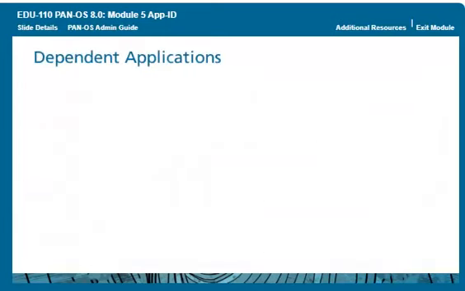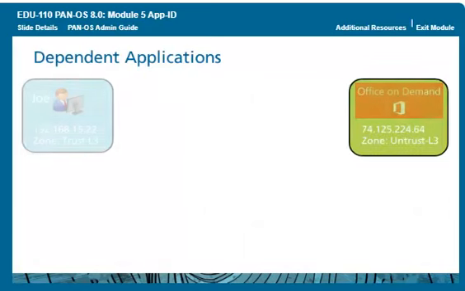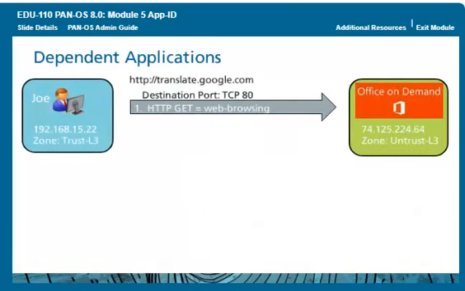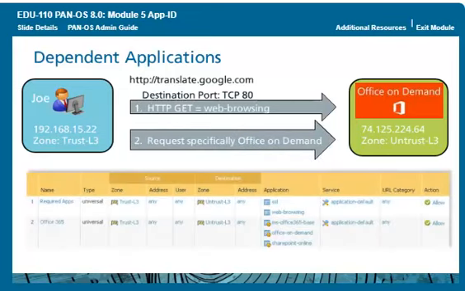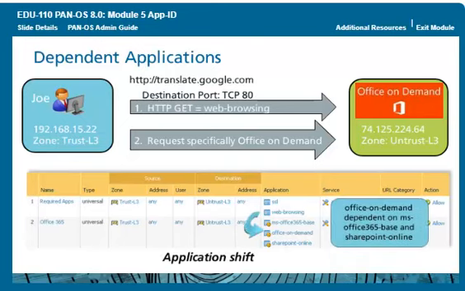Some applications can depend on one or more other applications. Network traffic can shift from one dependent application to another during the lifetime of a session. For this reason, when you create a policy to allow dependent applications, you can ensure that the firewall allows the other applications on which the application depends.